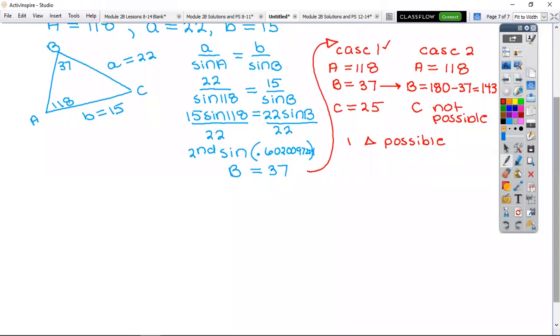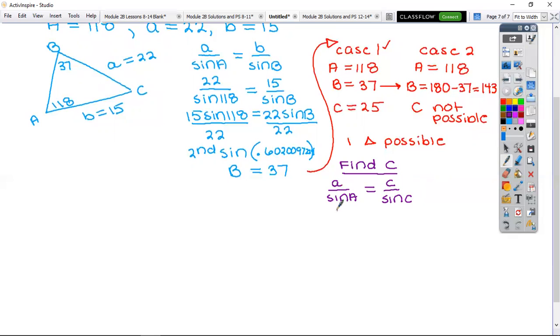Again, I'm going to make use of all the way on the left here, my a over sine a, because then I'm not going off of any of my own work just in case. So we're going to find we needed little c last here. So I'm going to go a over sine of a is equal to c over sine of c.